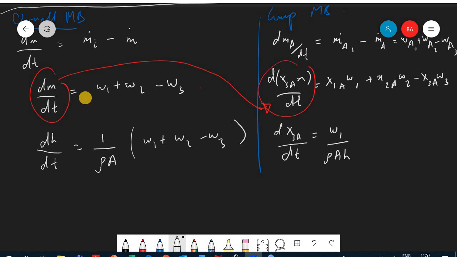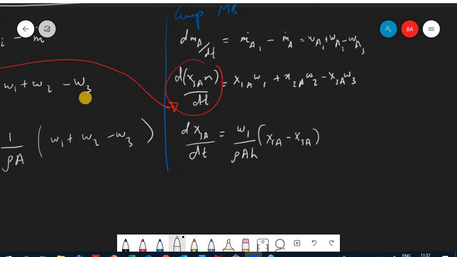I'm going to write it as m, which is multiplied by x1A minus x3A, plus W2 over rho A h into x2A minus x3A. Okay, great.